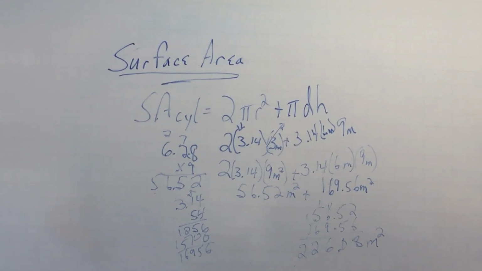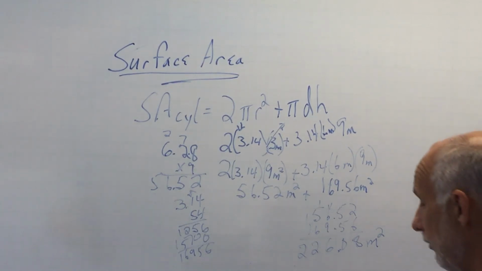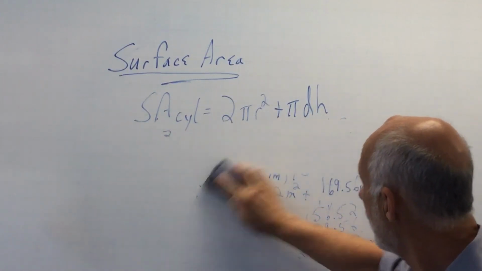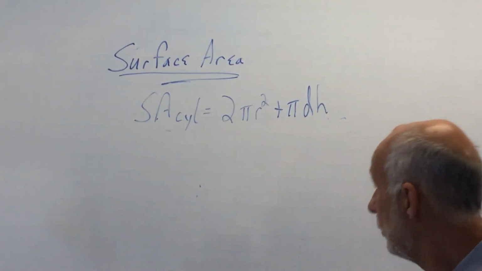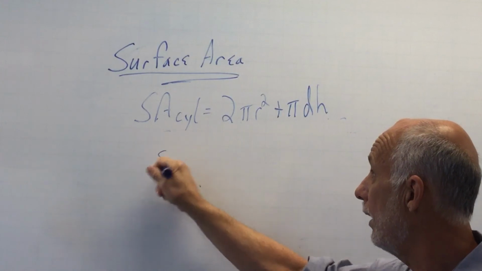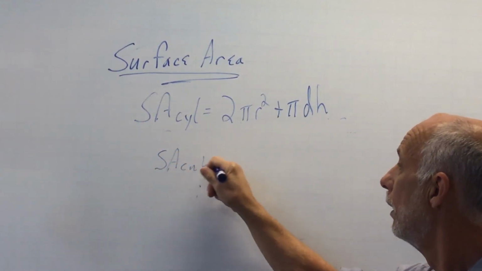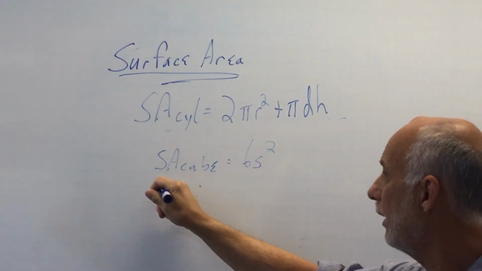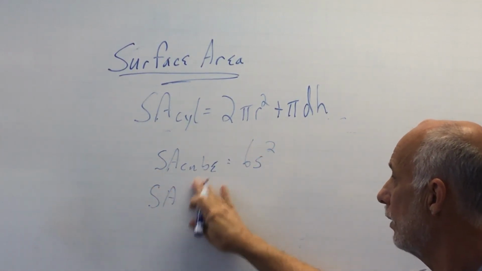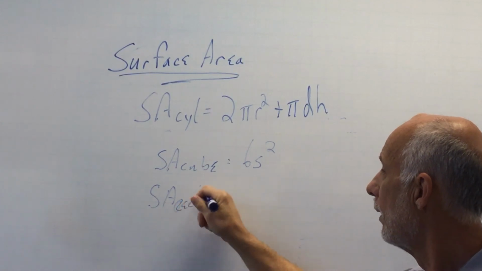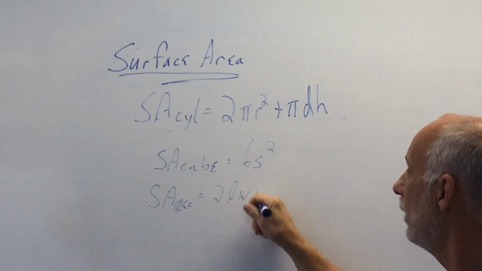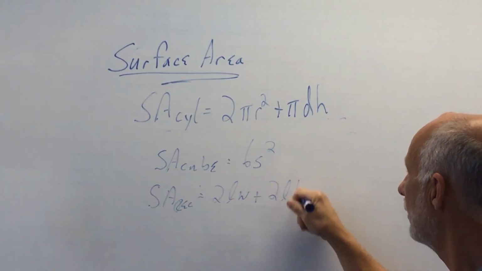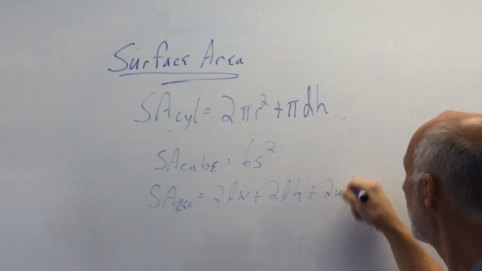So again, you have 3 new formulas, okay, that you have to learn. The surface area of a cube is 6 times the side squared. The surface area of a rectangular prism is 2 times length times width plus 2 times length times height plus 2 times width times height.